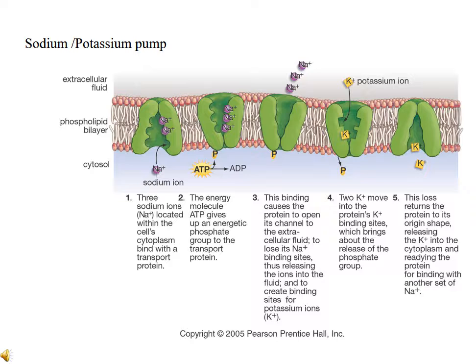So what is happening here is that for every 3 sodium that are pumped out, 2 potassiums are pumped in. The reality is that membranes have tiny little pumps, and these pumps are little protein molecules that open and shut, and this opening and shutting is carried out by way of ATP providing energy.